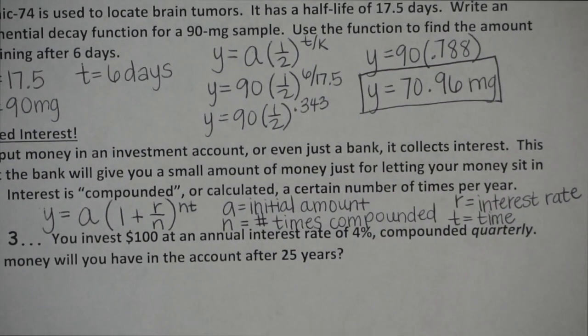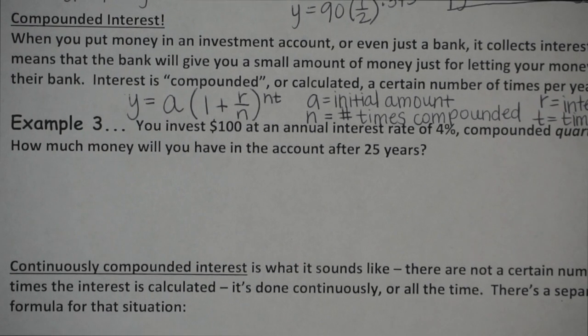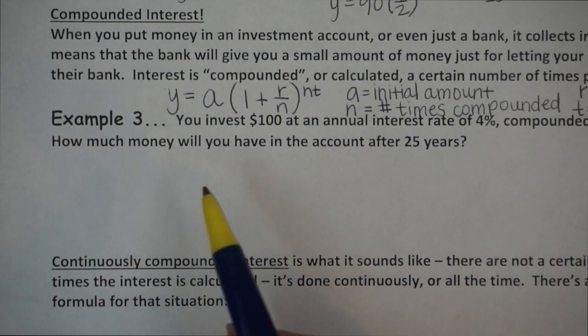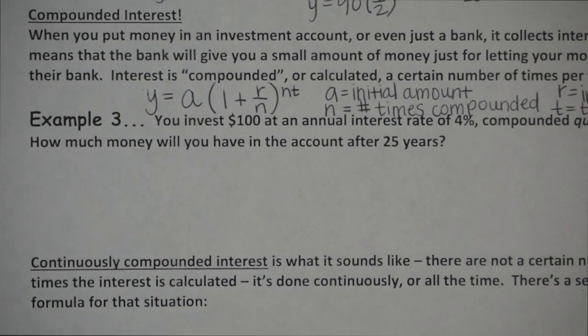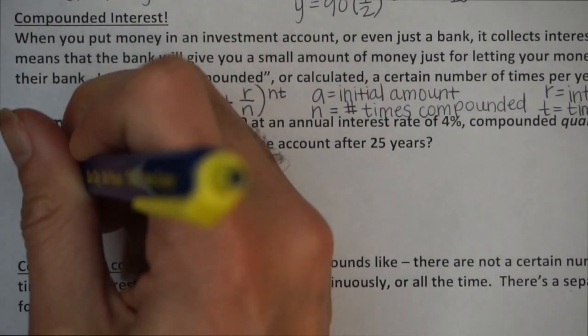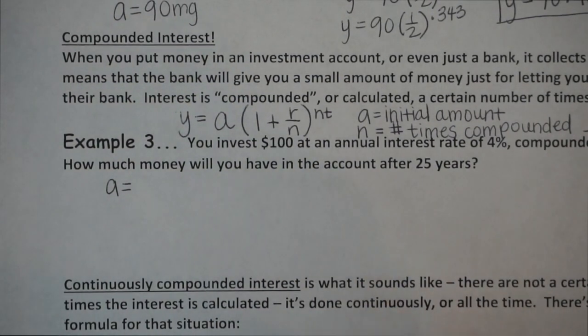Okay, so example 3. You invest $100 at an annual interest rate of 4% that is compounded quarterly. How much money will you have in the account after 25 years? All right, so the different values we need to know. The initial amount, we're investing $100.